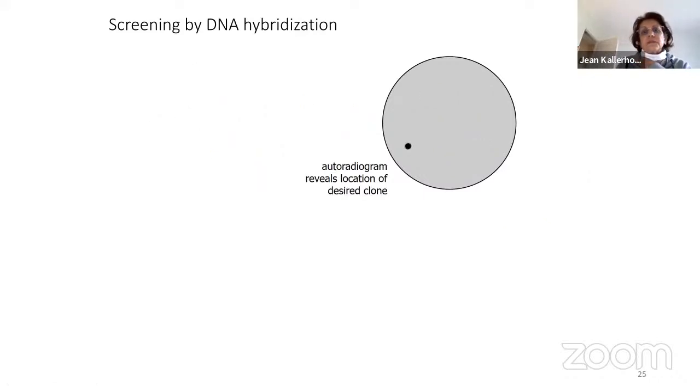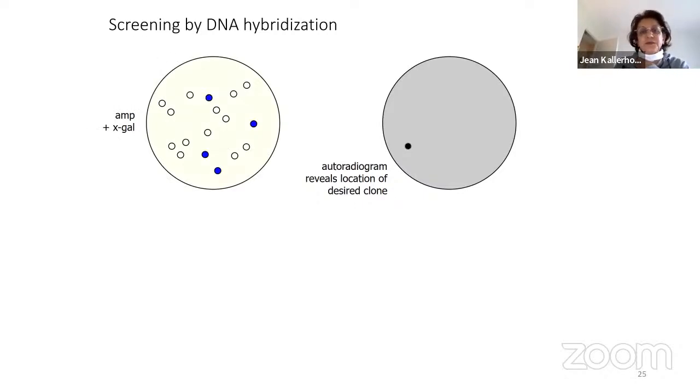So if this is your colony, what do you do with it? You can't do anything with it. The only thing you can do is to get back to your original Petri dish and see where this spot is located, right? And if this is the corresponding bacterial colony, you will take it, you will treasure it, and you will cultivate it overnight.